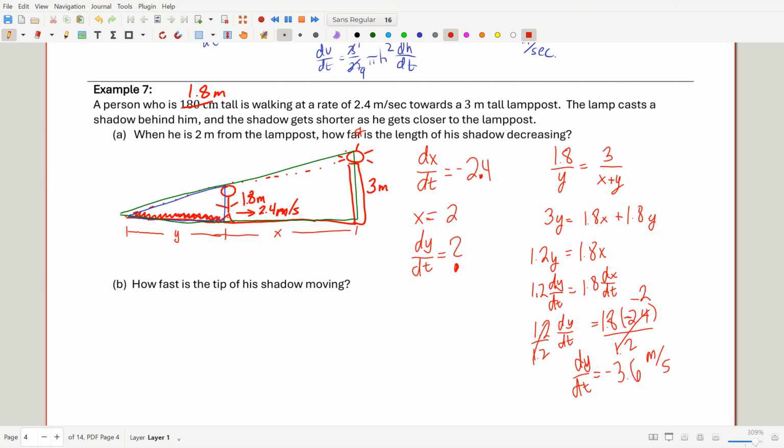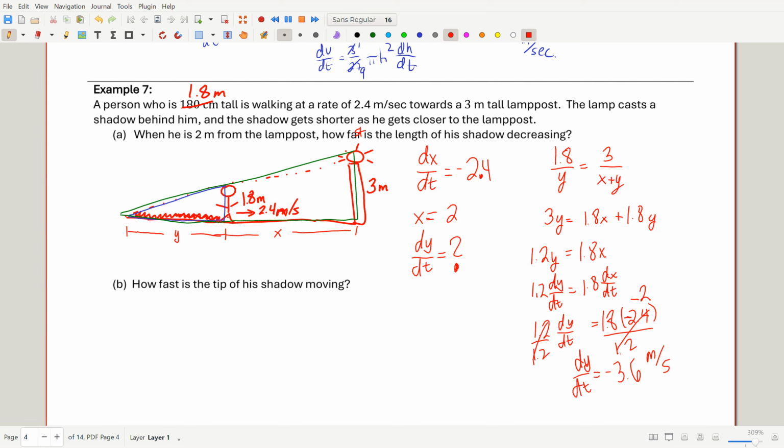I guess, do we know that y is bigger? I was just sort of thinking, which would be bigger? Would x be bigger or would y be bigger? I don't know. I thought that made more sense until I started talking it through. That's all right. But yeah, that's the answer we got, negative 3.6 meters per second. I was thinking of this length, not this length when I started talking, so ignore what I said.